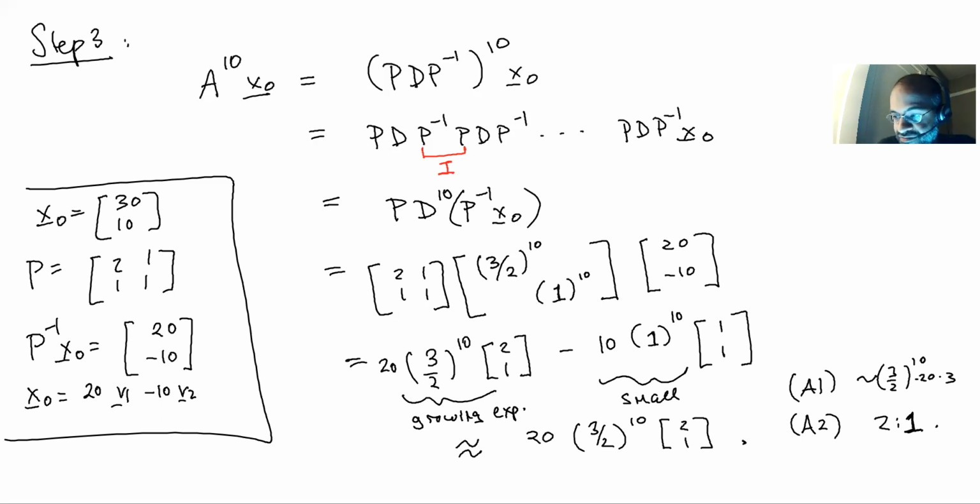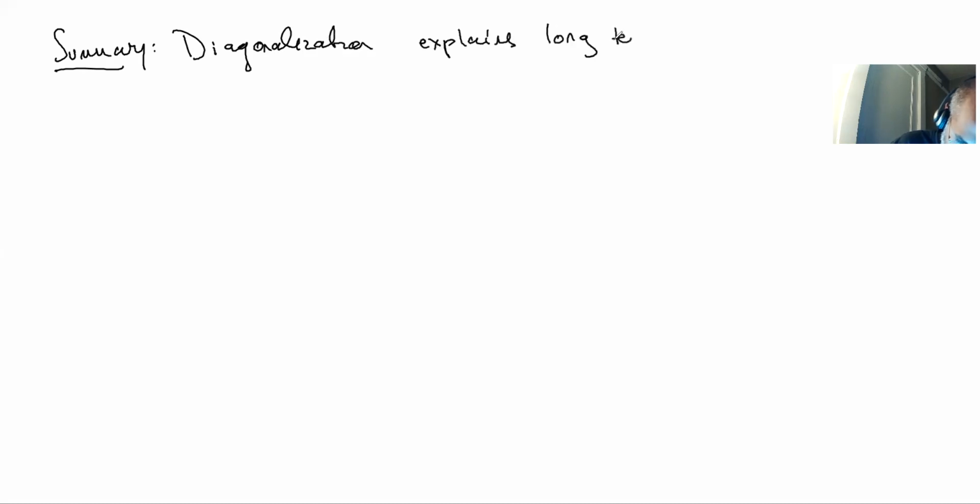And I'll talk more about this in the next lecture, but basically the punchline is that diagonalization allows you to understand long-term behavior of dynamical systems. Okay, and I'm over time, so I'll stop there.